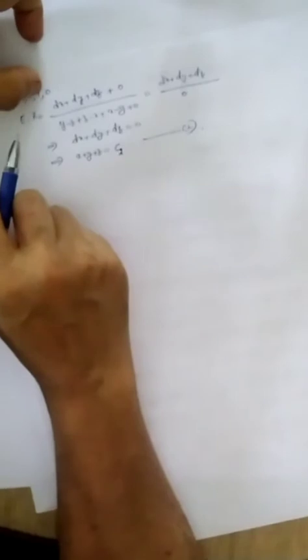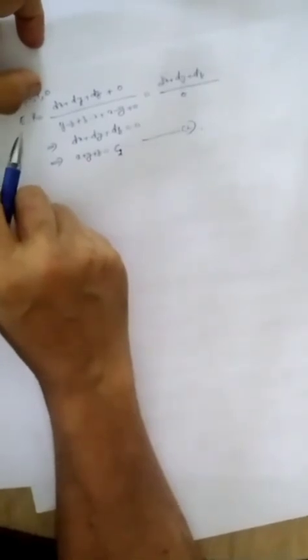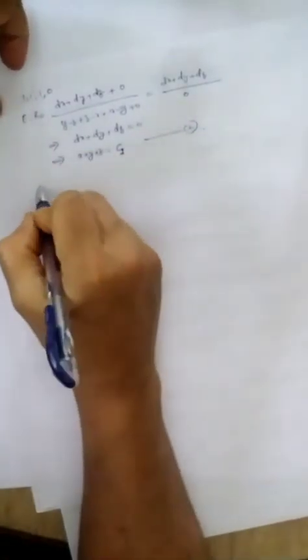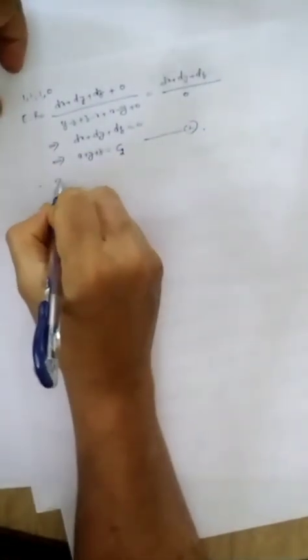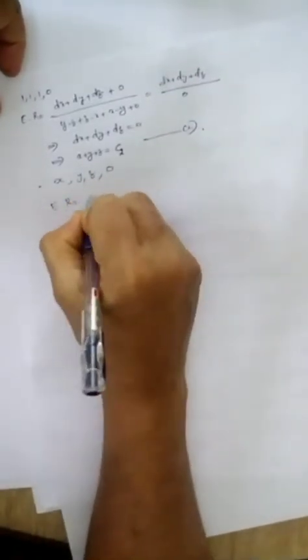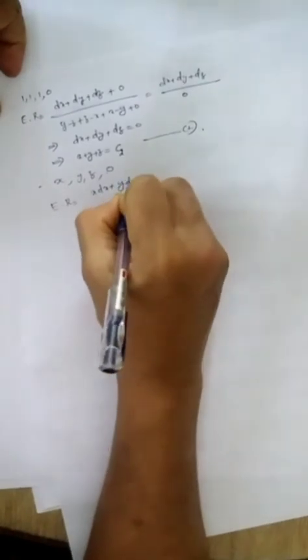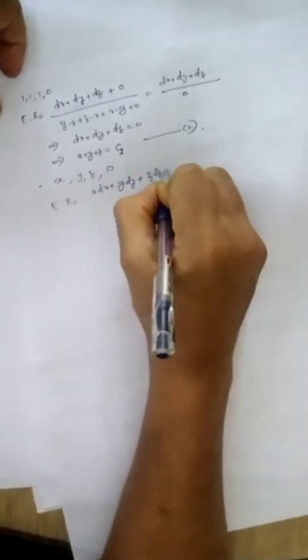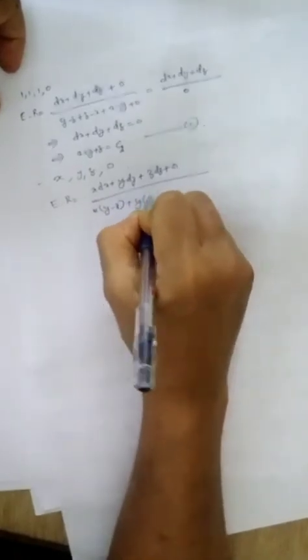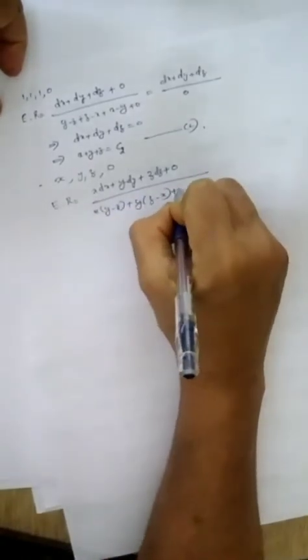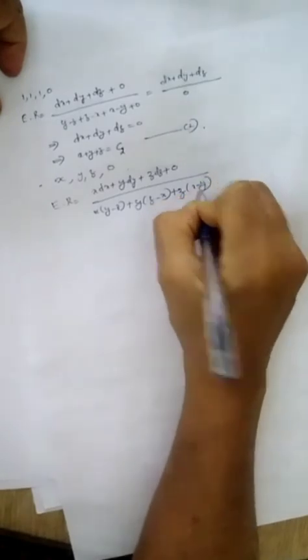Now we have to get the third part of the solution, because here we have 3 independent variables. The solution should contain 3 functions. Now, for getting the third part of the solution, let's take the multipliers as x, y, z, 0. Then each ratio is equal to (x dx + y dy + z dz + 0) divided by x(y - z) + y(z - x) + z(x - y).